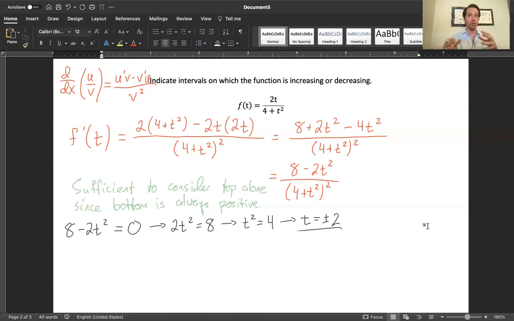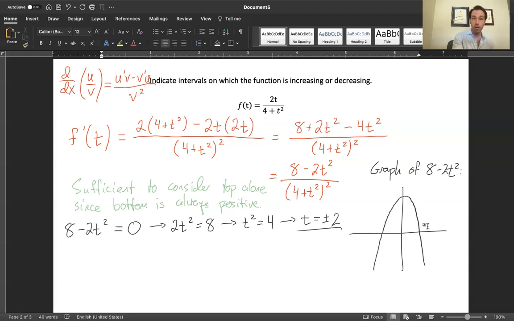Now, we could make a number line and say, where is the derivative positive? Where is the derivative negative? But I like to do things graphically whenever I can. So I'm going to say a graph of 8 minus 2t squared would look a little bit like this. It's a parabola, right? I'm not saying the original function was a parabola.